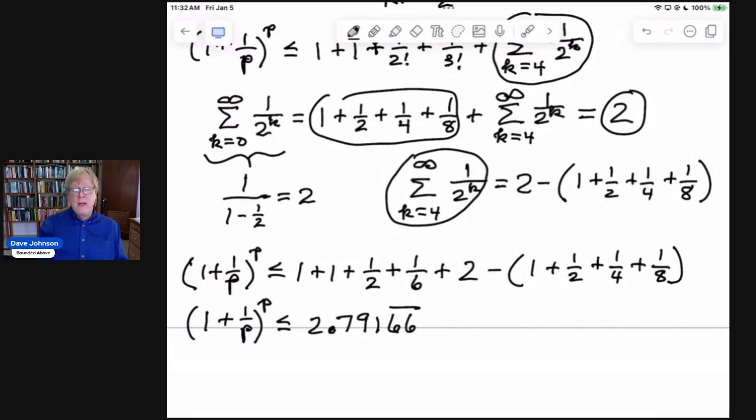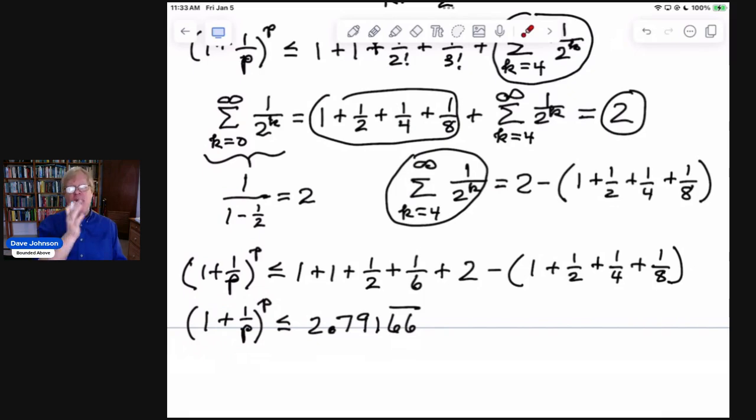Okay. Now, what have we just shown? Well, we've shown that this expression cannot be any bigger than this number. Now, this isn't the value of e. In fact, e is smaller, which is kind of a sanity check on our work. But we have proven that this expression is bounded above, and that's what we set out to prove.